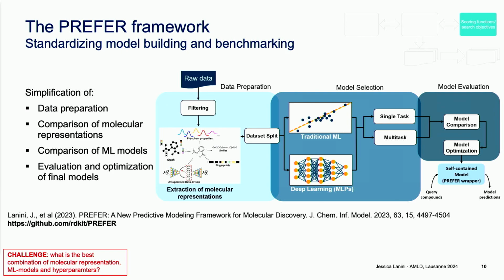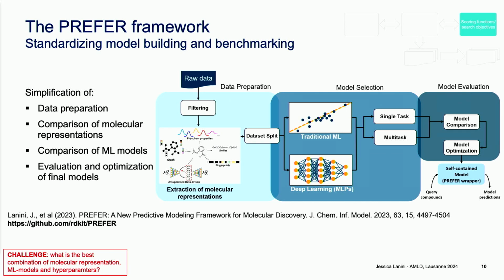Another challenge I would like to mention here is related to the second part of our generative chemistry workflow, which is related to building property models. Of course, you can think about many different models that can be used to build property models, many different architectures and hyperparameters, and in the context of the chemical field, we have also a lot of different molecular representations, both traditional ones and data-driven ones.